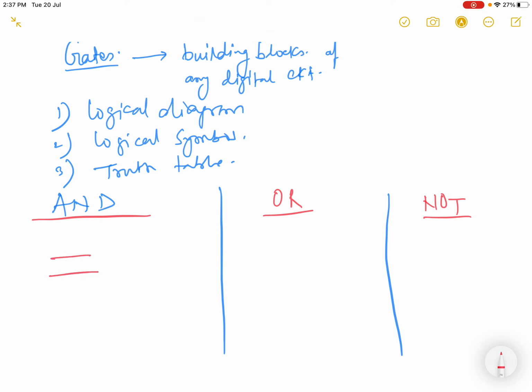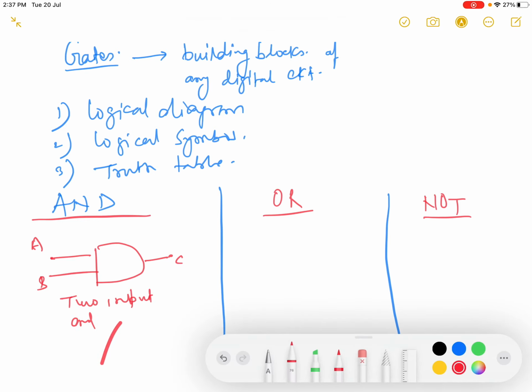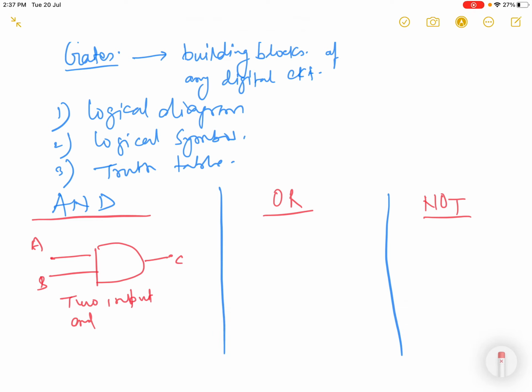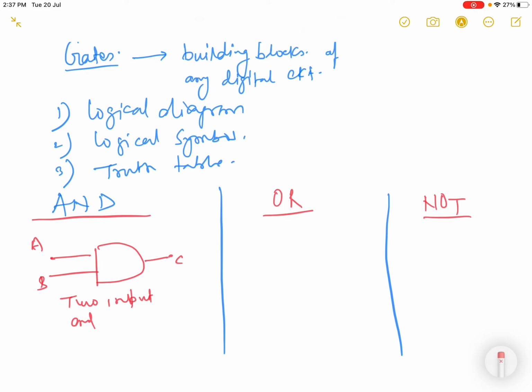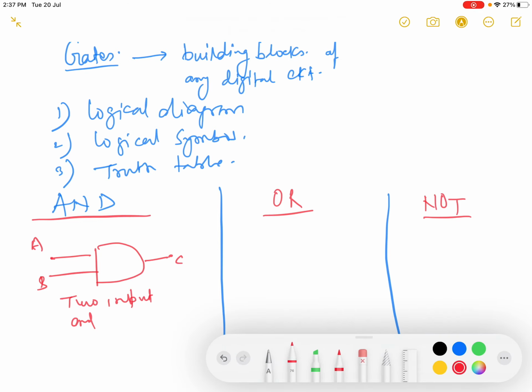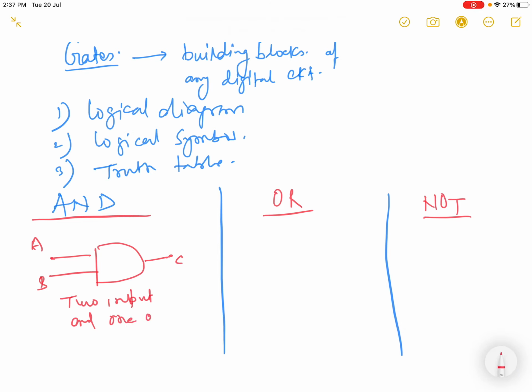It is termed like this: A, B, C. It means it has two inputs and one output.